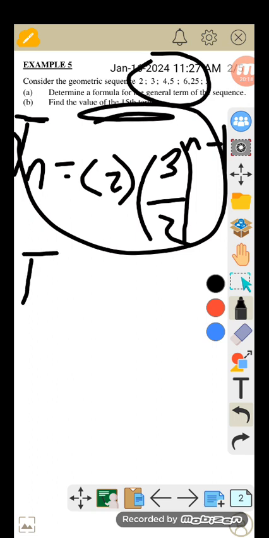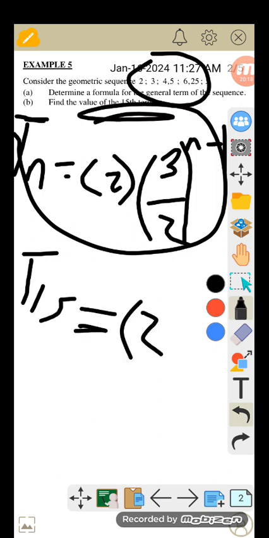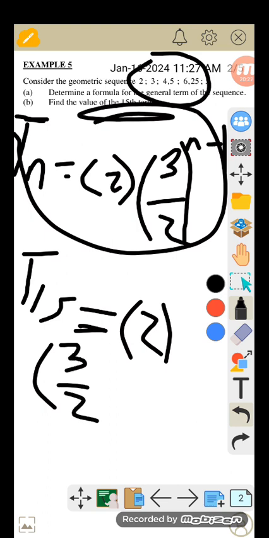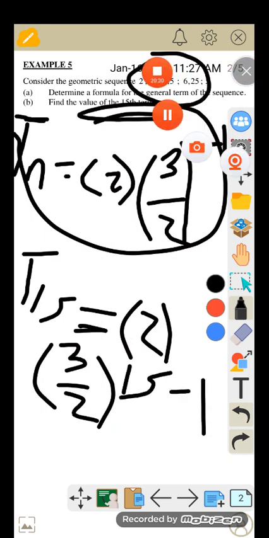Like this, I'm going to say T15 is equal to 2 multiplied by 3 over 2 to the exponent 15 minus 1. Let me just press my calculator for the moment and get my T15. 3 over 2 to the exponent 15 minus 1.